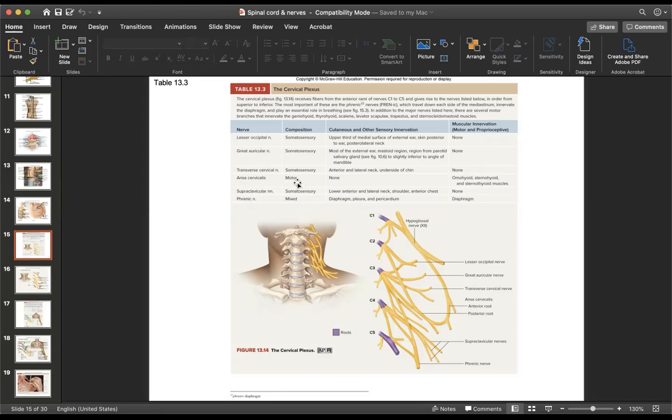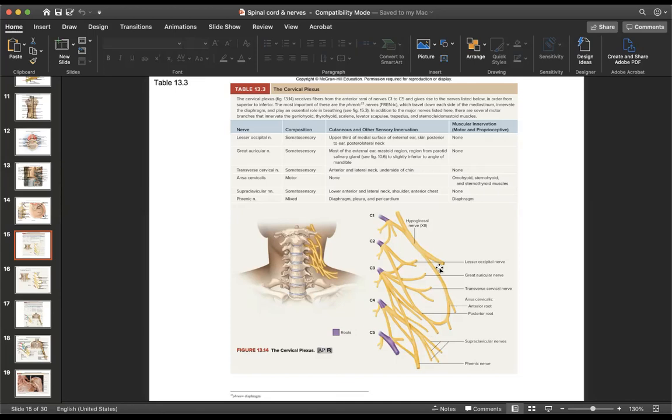This ansa cervicalis, it's kind of interesting in a way. It's kind of used, I guess, as an argument against intelligent design and things like that, because if you look at the structure of, I think it's the giraffe, there's a video out there where they dissect a giraffe neck and they find this nerve, and this nerve passes all the way down the giraffe's neck, then turns and passes all the way back up, and it's this nerve that they use.